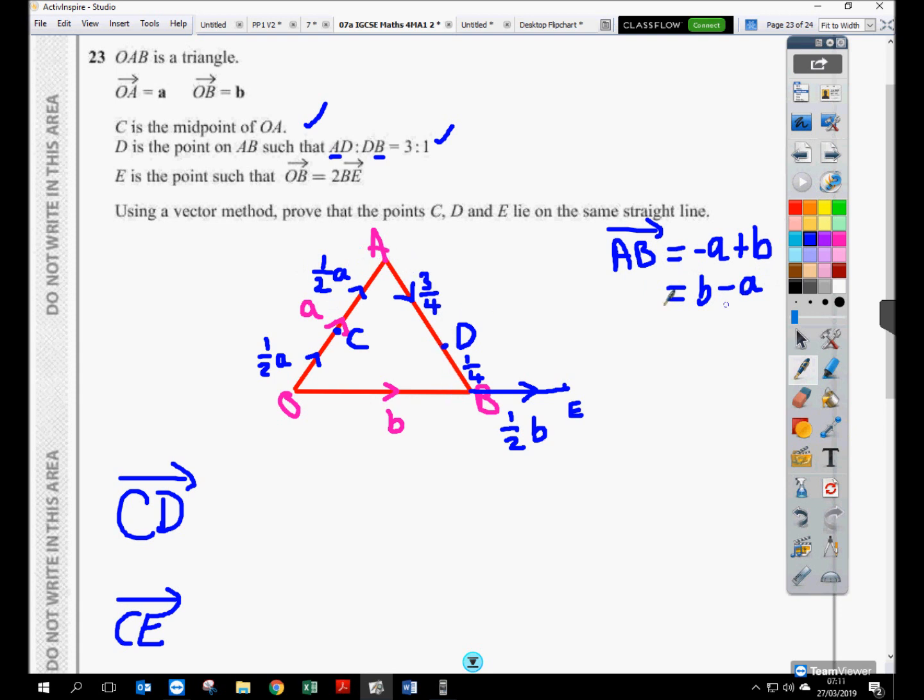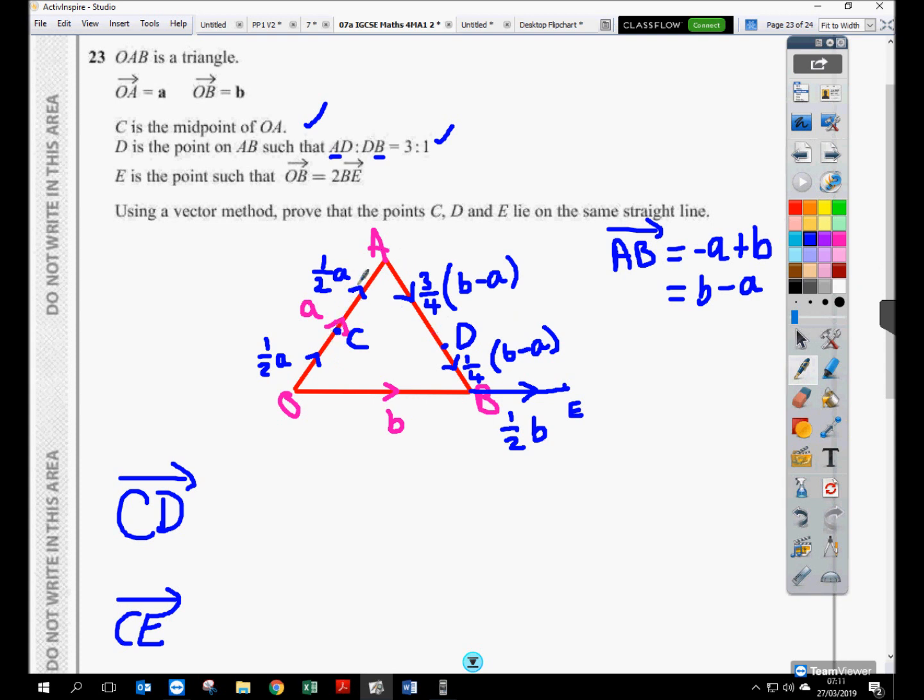And I know that AD is 3/4 of that, so it's 3/4 of B minus A. And also, this bit here is 1/4 of B minus A. But as long as you go in this direction, because remember, the vector B minus A is from A to B. So now I have everything I need to work out the vector CD.